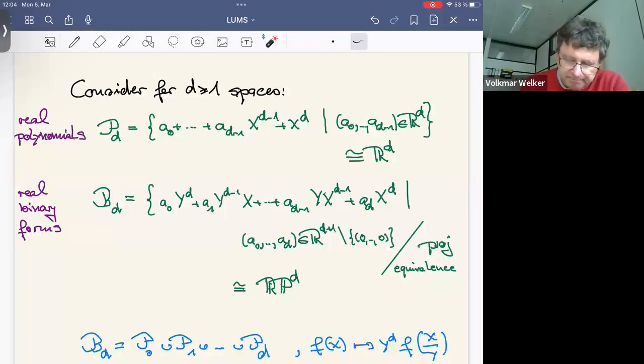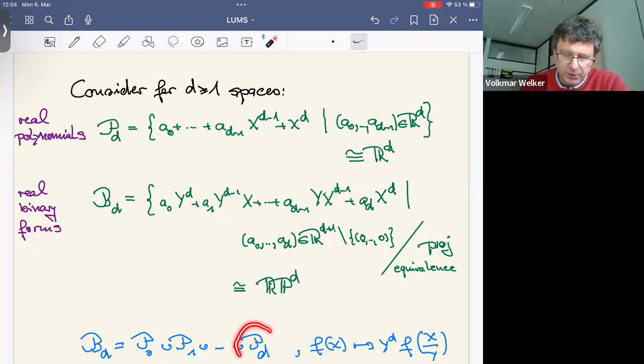As I said, in this talk I do not consider that space, but I would like to mention that one can decompose this space of binary forms into spaces of polynomials of degrees 0 to D. You achieve this the following way.